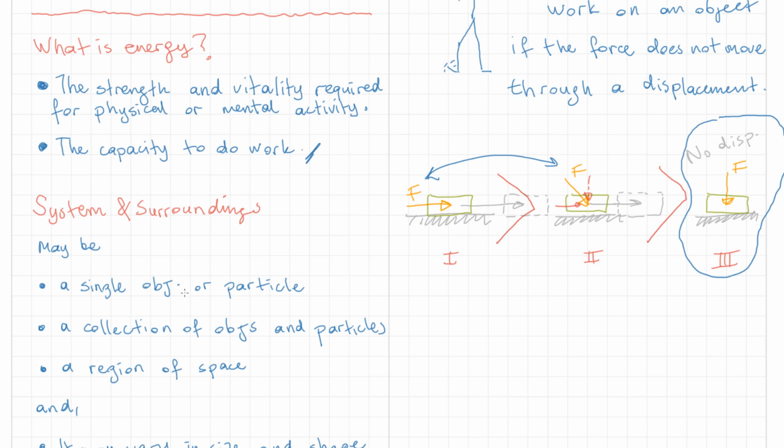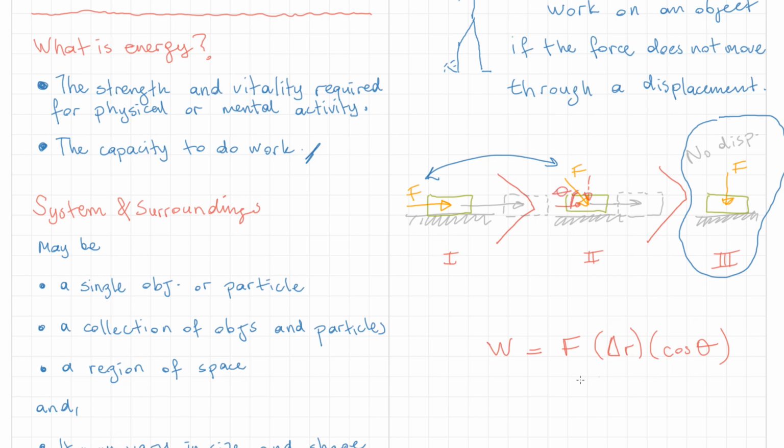Okay, to wrap up the subject, let's express the work mathematically. Work is equal to F times delta R times cosine theta. Here, delta R represents the amount of displacement, and the angle theta represents the angle between the force and the direction of movement.